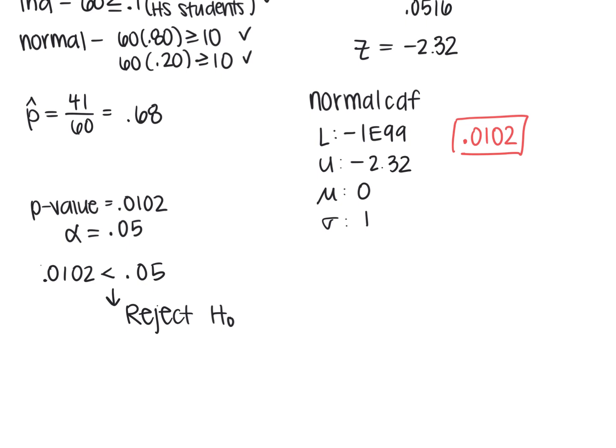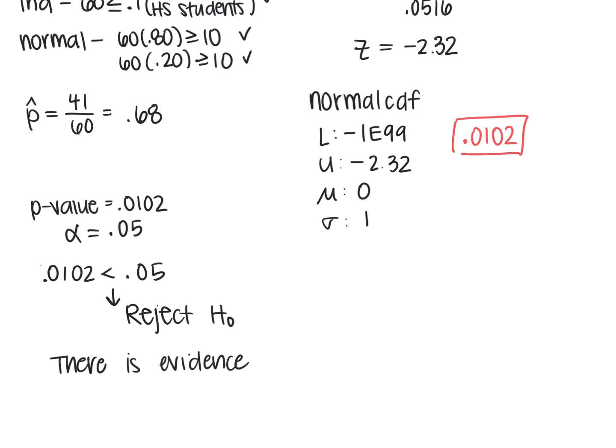And then we're going to write our sentence. So we're going to start our sentence with there is, and then if you reject, we say there is evidence. If we are failing to reject, we say there is not enough evidence.